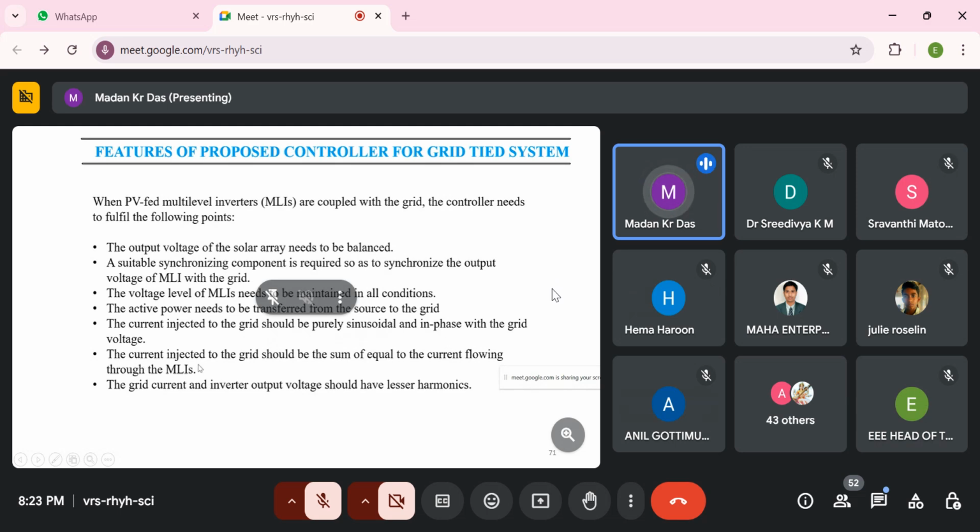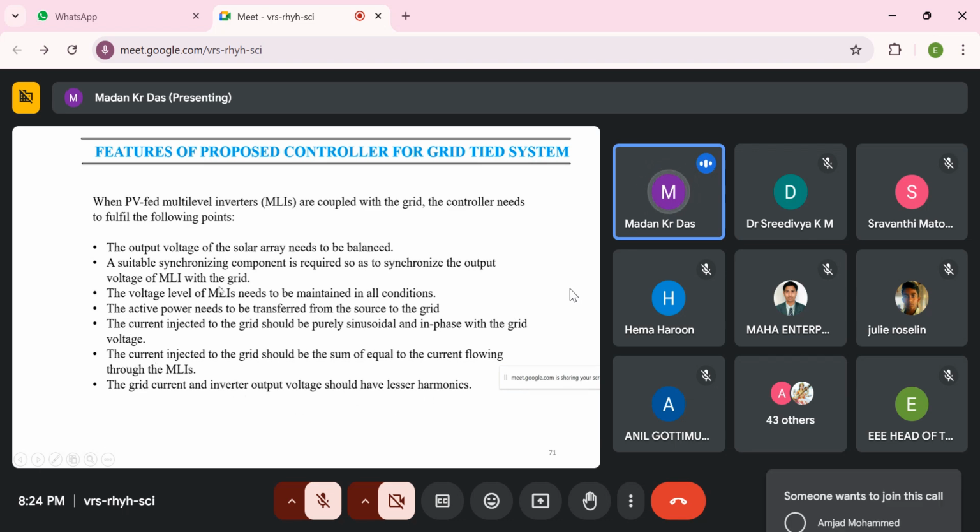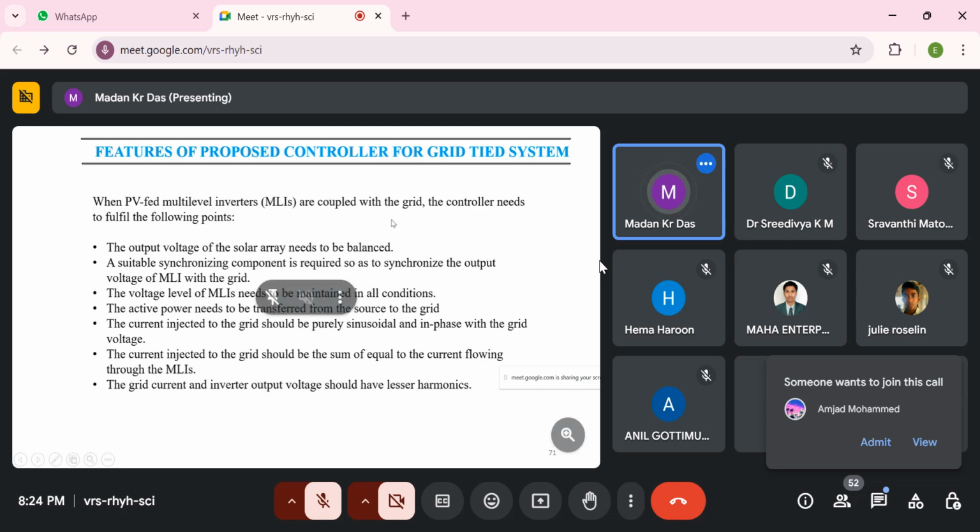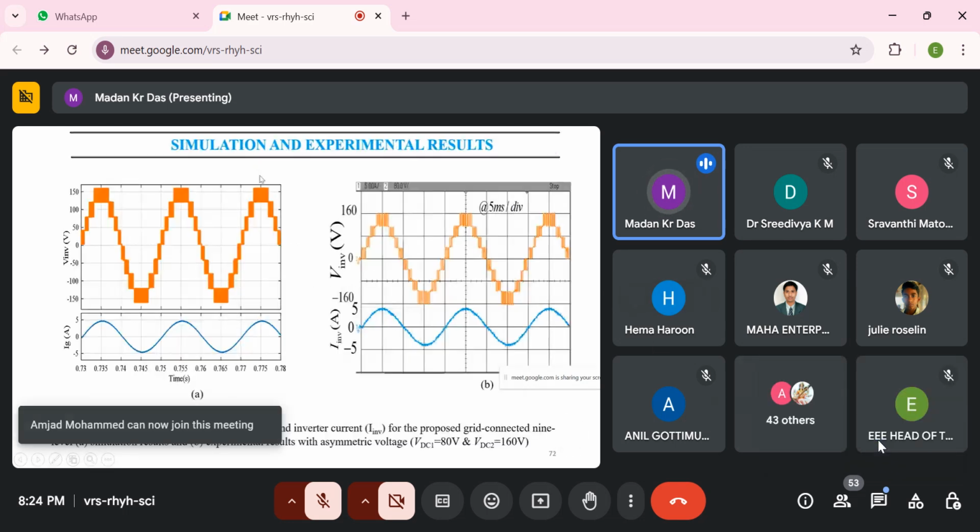The current injected to the grid should be equal to the current flowing through the MLI inverter. The grid current and inverter output voltage should have lesser harmonics. These are the main points of the grid connected proposed 9-level inverter.